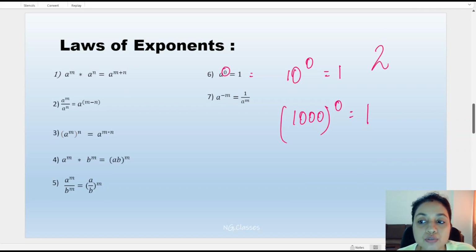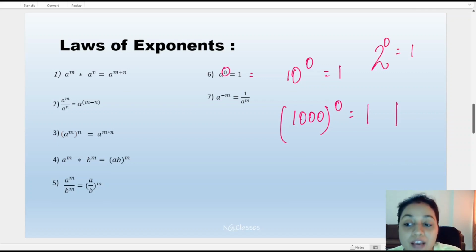If we have 2 to the power 0, the result will be 1. Or if we have p to the power 0, the result has to be 1. So you must have understood that any alphabet, any number having power 0, the result will come out as 1 only because there is no existence of that particular number or alphabet over there.